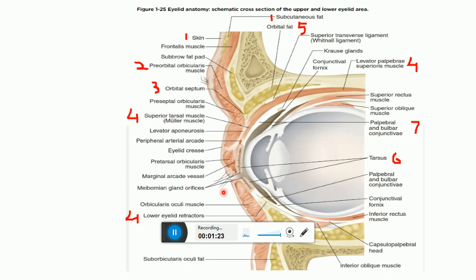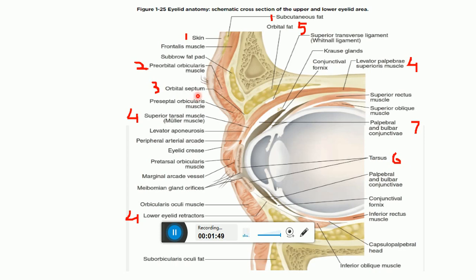So these segments include the following structures. Number one is skin and subcutaneous tissue. And second is muscles of protraction. The muscles of protraction are orbicularis oculi muscle, and this is the main protractor.